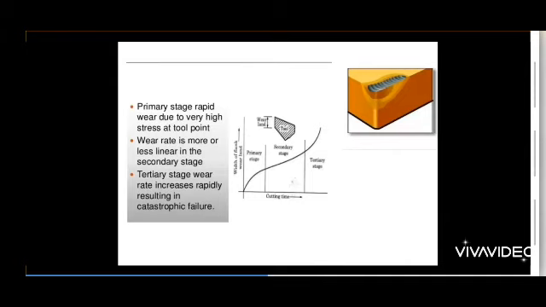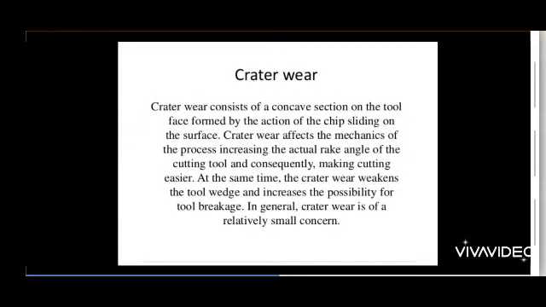So wear land, you see at the top they also give a hatched portion, right? Up to 0.5 mm, 0.6 mm flatness it is acceptable. Once it enters the tertiary stage, you have to replace it with a new tool. Okay. I will show the same graph in a bigger picture after crater wear.